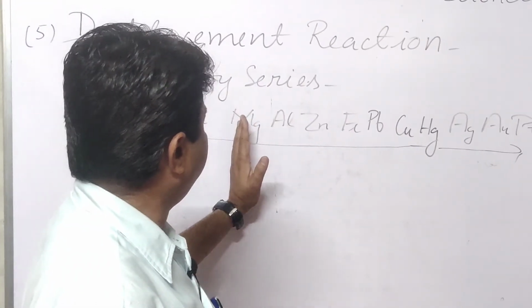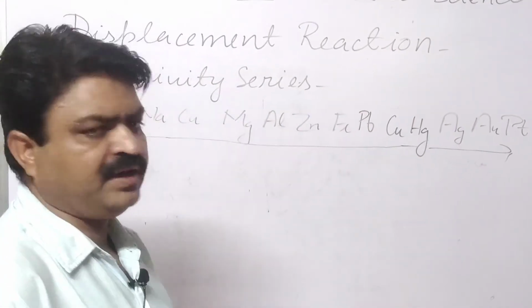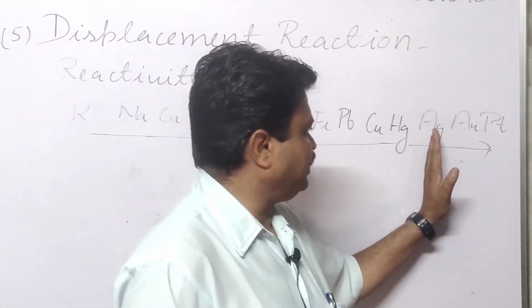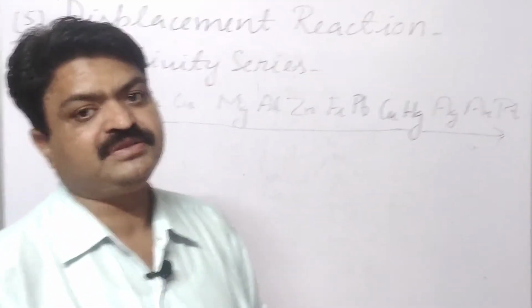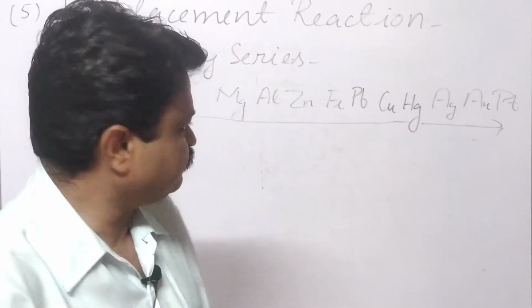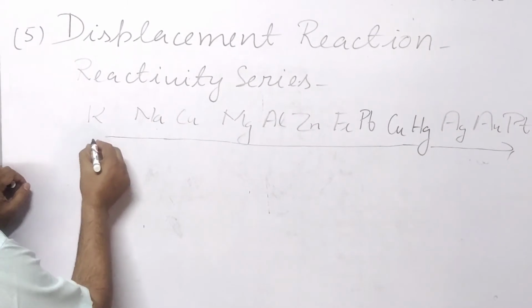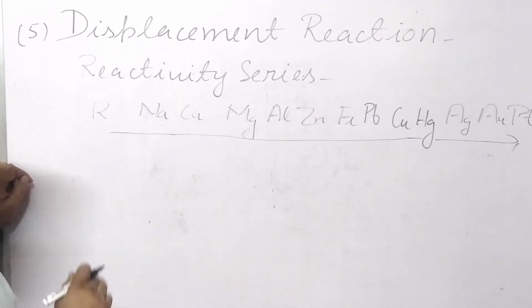But magnesium, aluminium, zinc, iron, lead, copper come in the mid reactivity series, and silver, gold and platinum come in the category of least reactive elements.